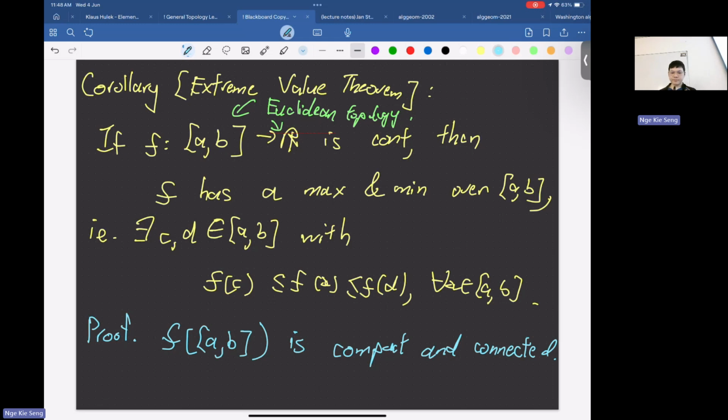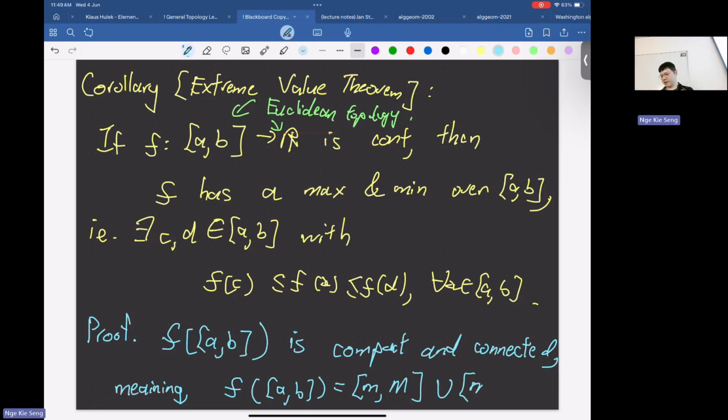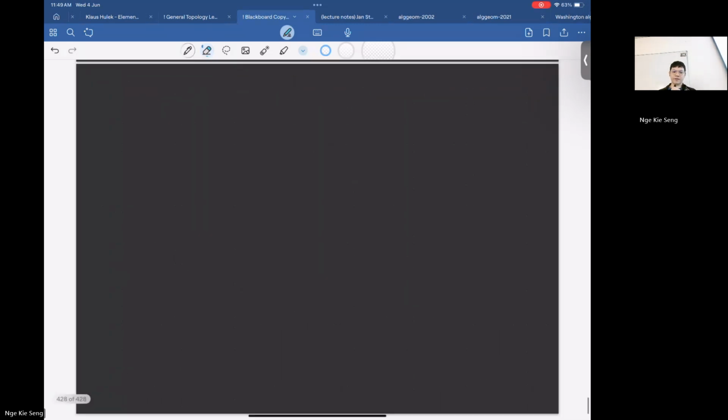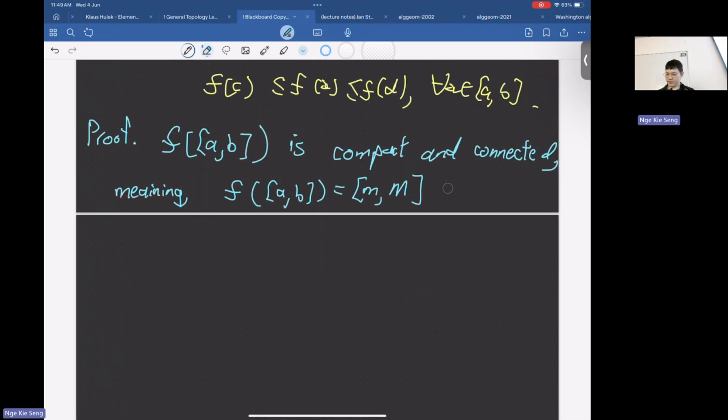So how does this image look? What is a connected compact set? It is some interval, and it must be closed, because in R, compact if and only if closed and bounded. And since it's connected, you cannot have something else, you cannot split it. So this is a closed and bounded interval.